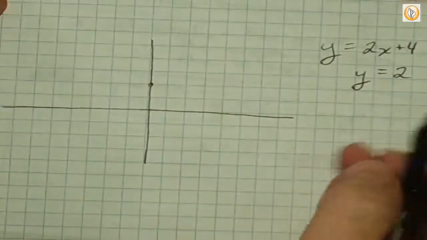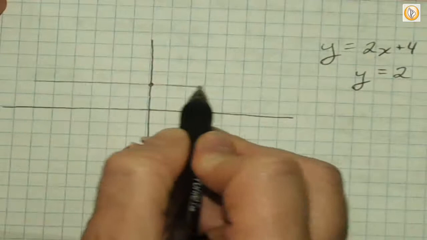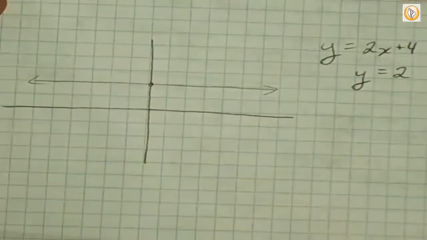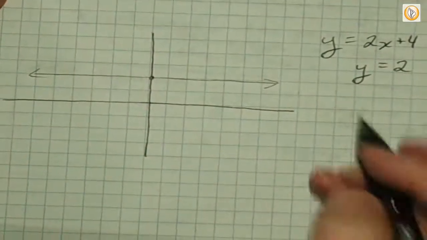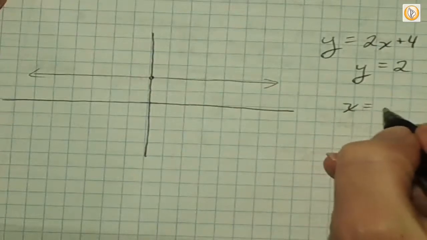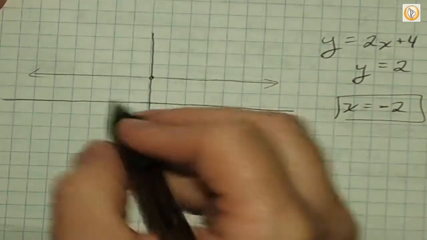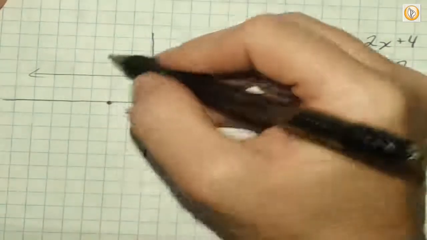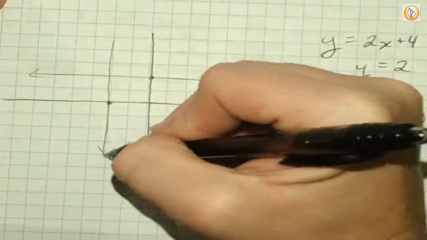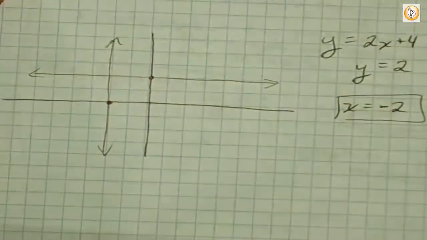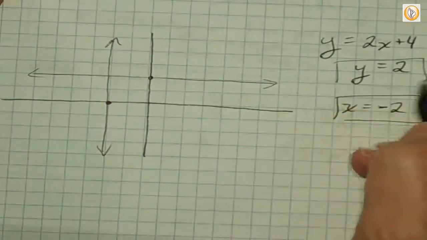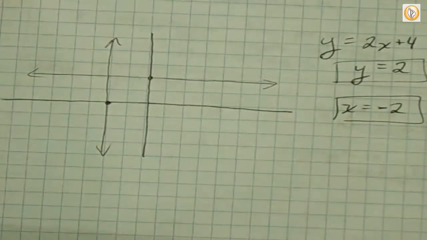Here's your y-intercept. There's nothing else there, so it's just going to go this way, horizontal. If it's x equals -2, if this is all that they gave you, here's -2, it's going to go up and down, vertical. And that's what that means. That's if that's the equation. And this is going to make more sense later, I promise. Okay? All right. It will, I promise.